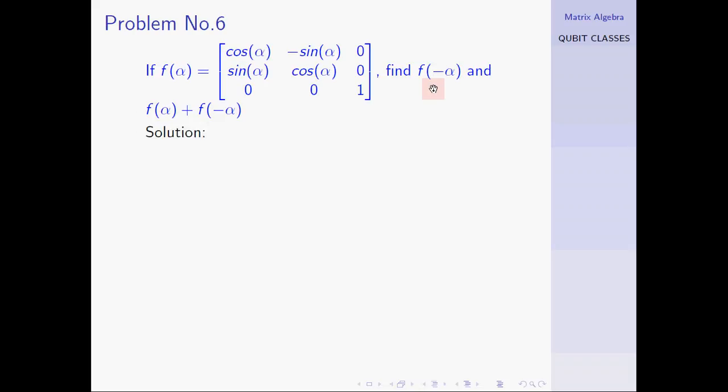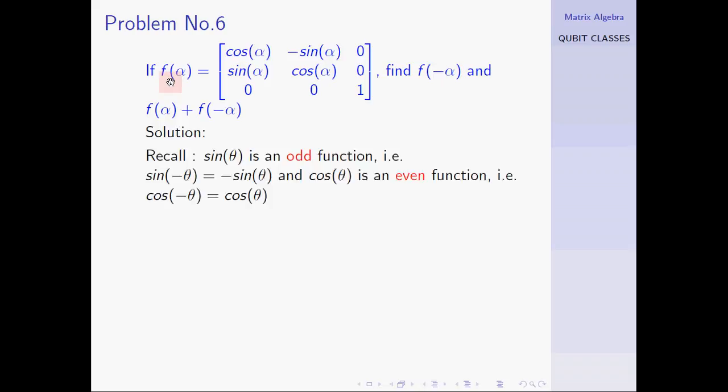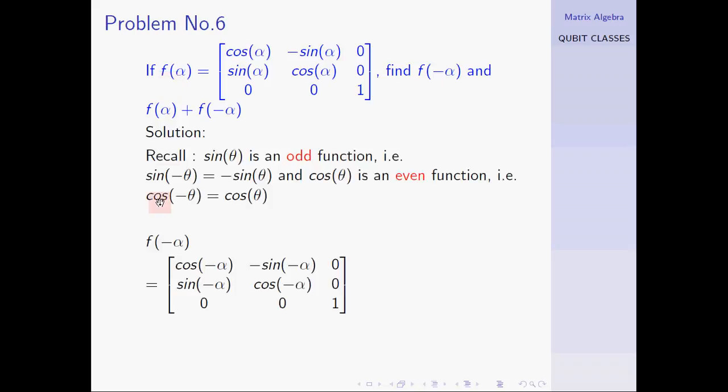To find f of minus alpha, we will substitute minus alpha in the expression for the function. So f of minus alpha will be cos of minus alpha, minus sin of minus alpha, 0; sin of minus alpha, cos of minus alpha, 0; and the last row will be unchanged.